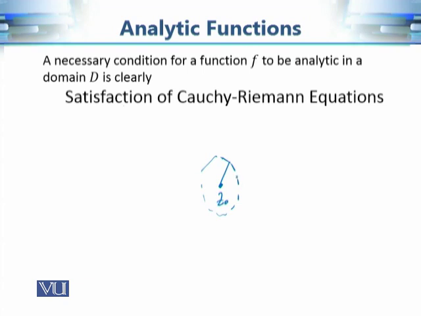Precisely, consider this point z0, and whenever we consider an epsilon neighborhood, suppose we can find a point where the CR equations are not satisfied.